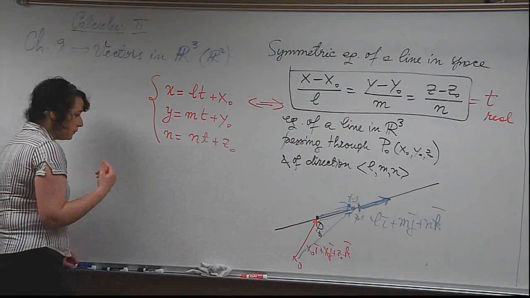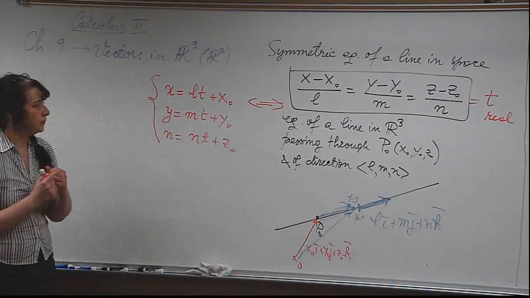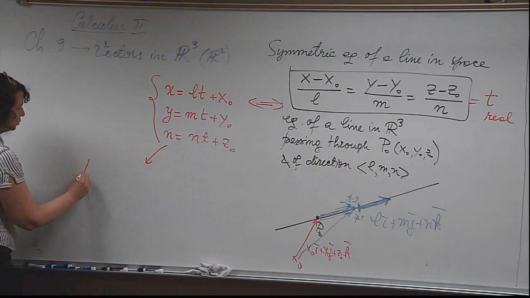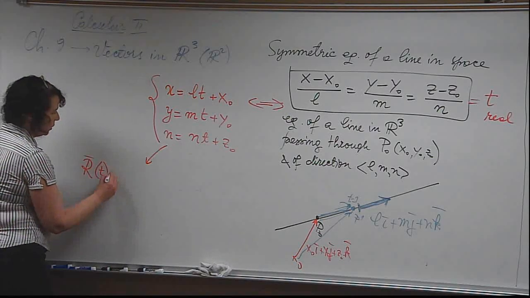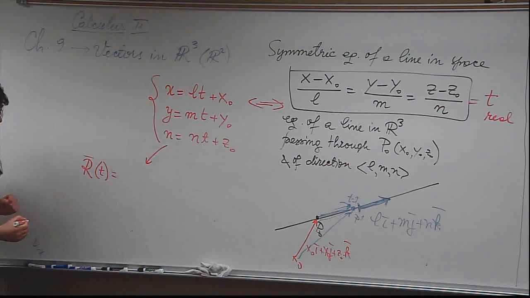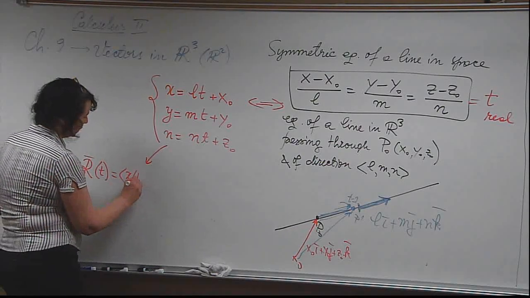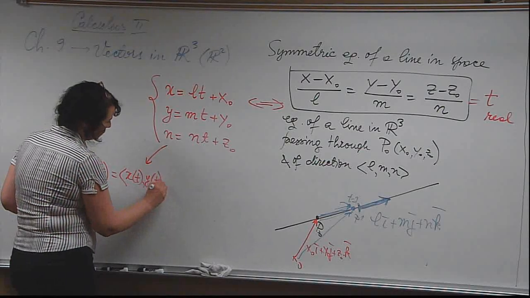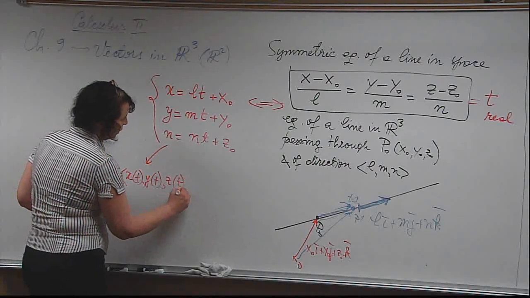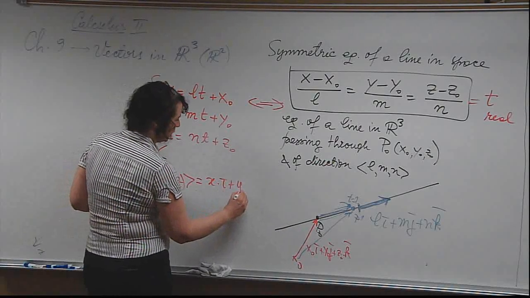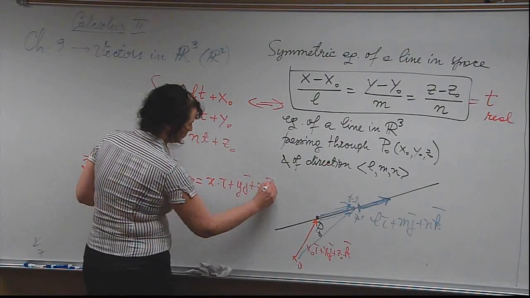So if I'm smart enough to understand my concepts are all connected, the position vector in this case will be r of t, which is, I hate angular brackets, but just because you like them, I'm going to use them, x of t, y of t, z of t, to be consistent with the book. This is the same as xi plus yj plus zk.